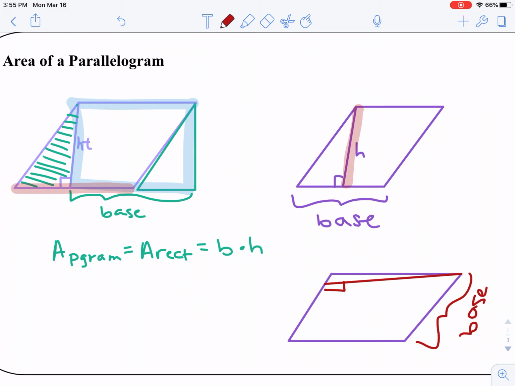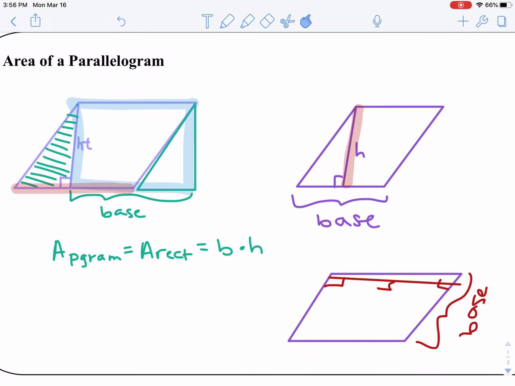I'm not even sure I drew that very well, but you get the idea. Your height is the perpendicular height to both your bases. So both of these should be perpendicular or right angles.